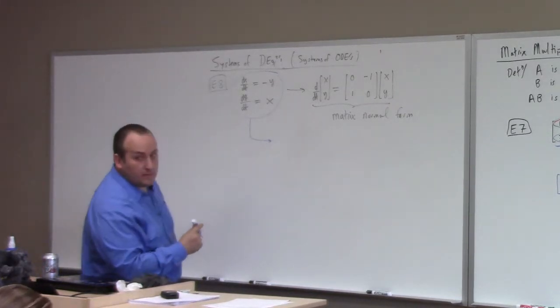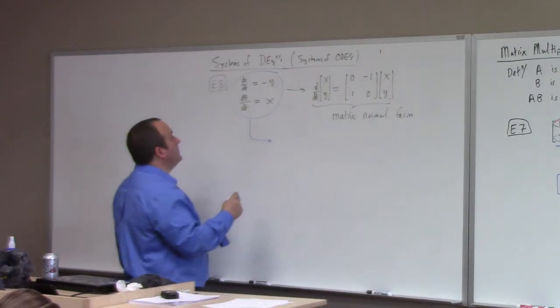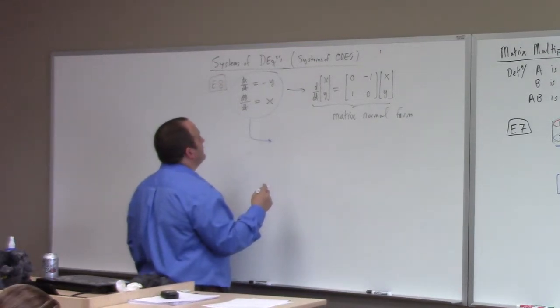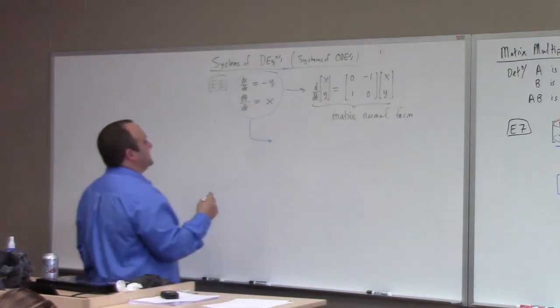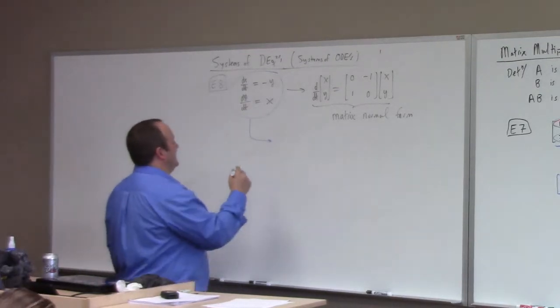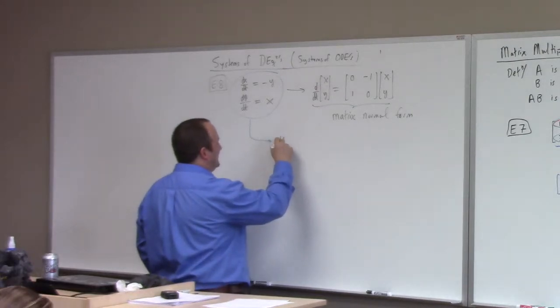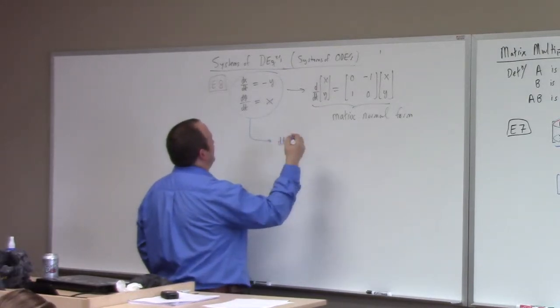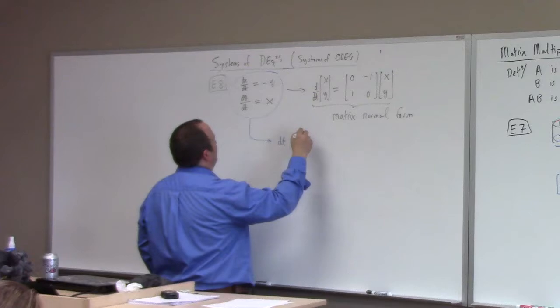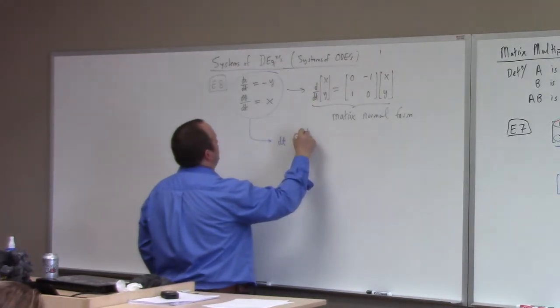What's that? Oh, solve for dt? Oh, that's interesting. Your method is to solve both for dt, I think is what you said, right? Yeah, I said both equal to dt.